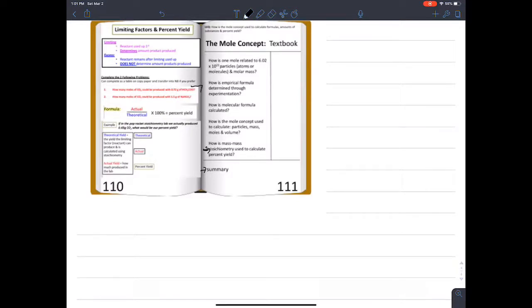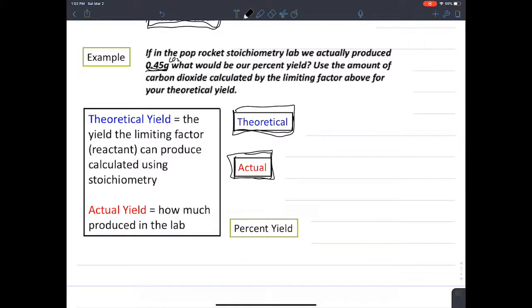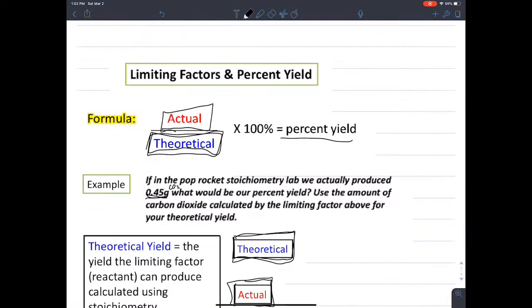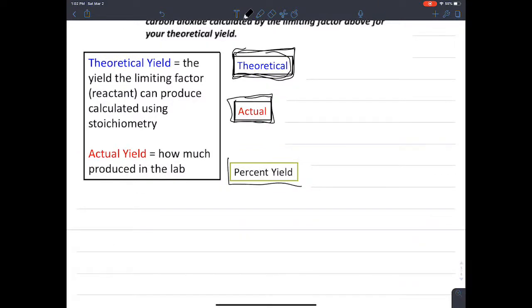So whichever one of these was the limiting factor in moles, we got that in moles. You're going to take that and figure out what the theoretical yield would have been in grams. So how many total possible grams could we have gotten? Then you're going to go up here, use this formula. You're going to divide the actual yield by the theoretical yield that you figured out, multiply by 100, and you're going to get your percent yield.